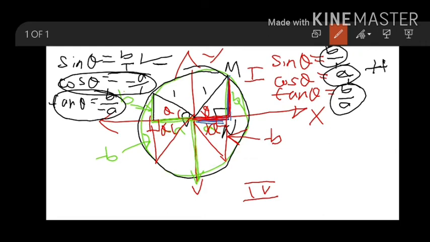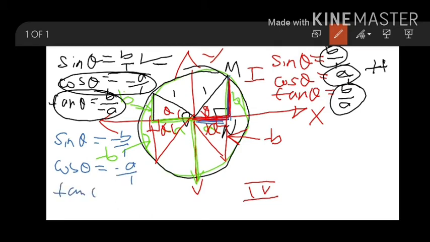In the third quadrant, sin theta will be opposite, minus B by 1. So sin theta is negative. Cos theta is base, and base is also minus A by 1, so cos theta is also negative.